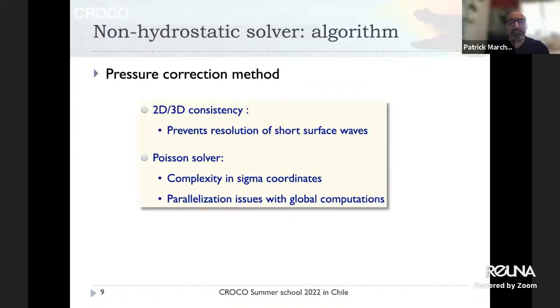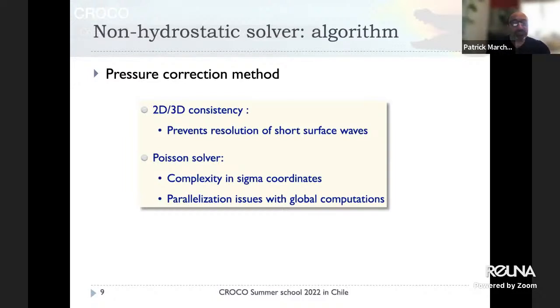So if I summarize the problems with the pressure correction method, it is the potential inconsistency between the 2D and the 3D components, and that prevents resolution of short surface waves.